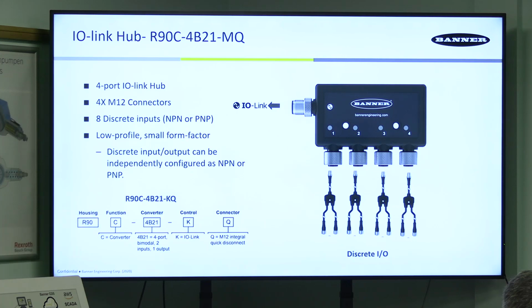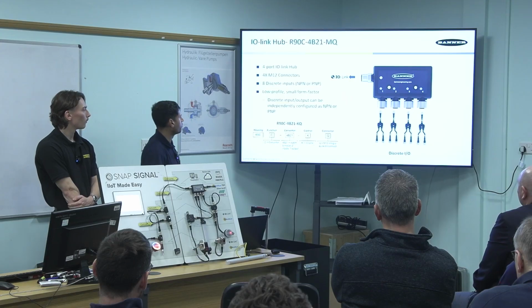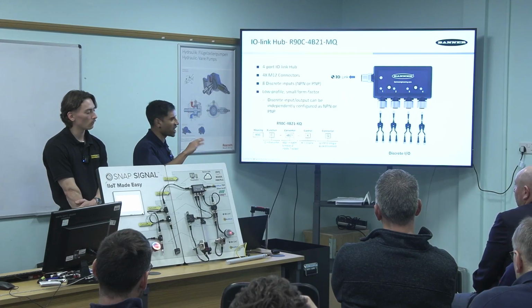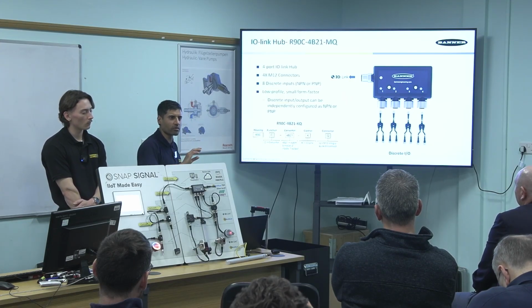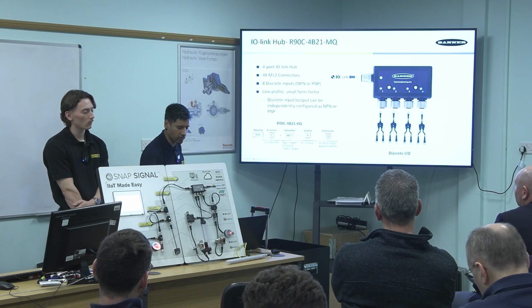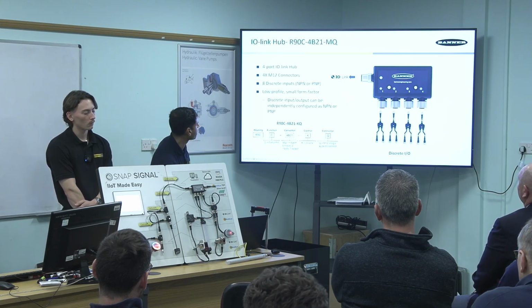We can split that using our splitters. So from a 4-port hub, you can have 8 signals going into it. Like I said, they could be NPN or PNP. We can basically change that around using Modbus registers. So it's all done via the parameters in the device.